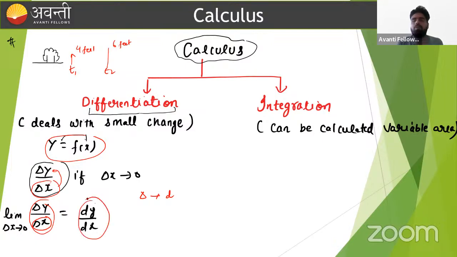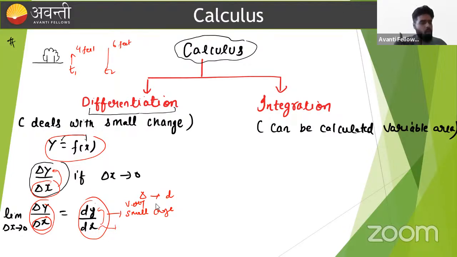This is the physical interpretation: a very small change in x tells what the change in y is. So this is nothing but a very small change. This happens for very small change. I hope this is clear. What is the physical interpretation of differentiation? Yes or no?